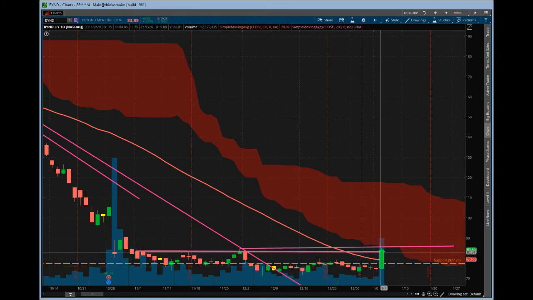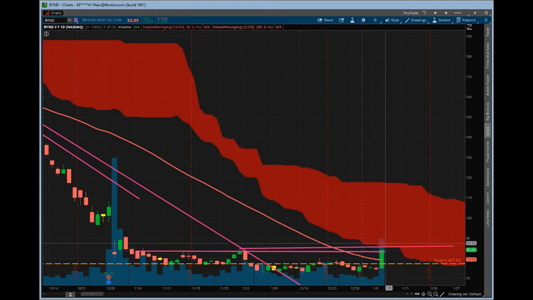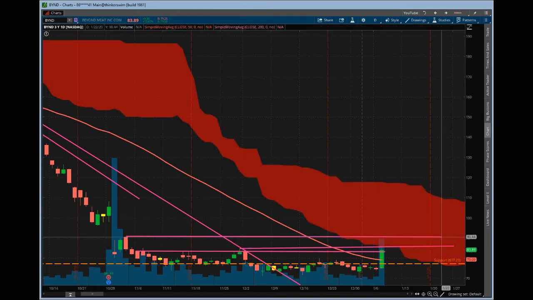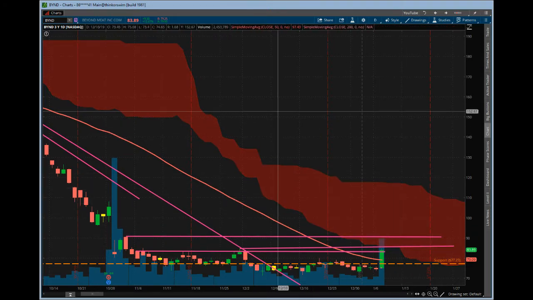And today was one of the first attempts to break out of that level. Real key level right here to get above is 84.90. We couldn't quite get there today. So what I want to see is it get strong and get into the cloud, and then of course it's got to get over this level right here. And once it does, then we can start seeing this gap fill. We can start working our way out of the cloud, and this thing could really start going. But it's tough to say if it's going to remain just sort of a fad stock. But yeah, nice move today for sure.